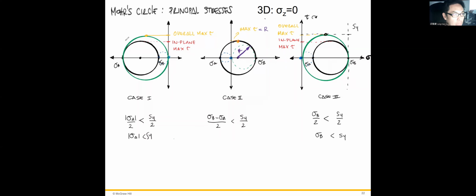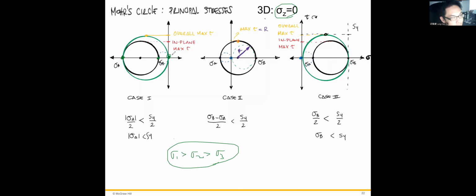We have sigma A, and I will modify it to the principal stress sigma 3. It depends on the rule of thumb: we define sigma 1 greater than sigma 2 greater than sigma 3. Let's just focus on the principal stresses. Here are sigma A and sigma B, which are in the plane where the stress in the z direction equals 0.